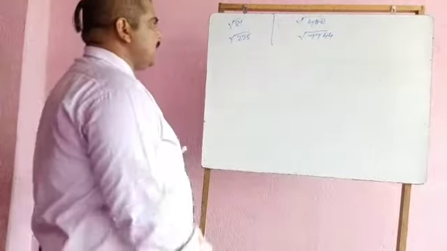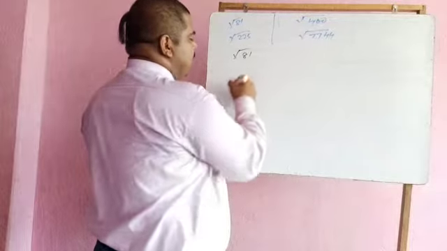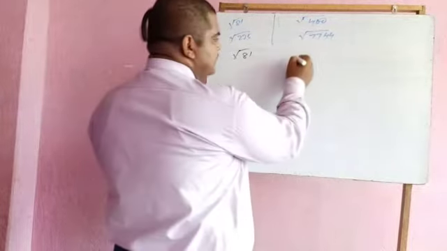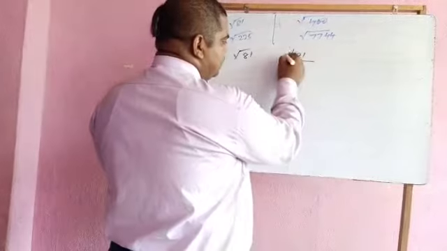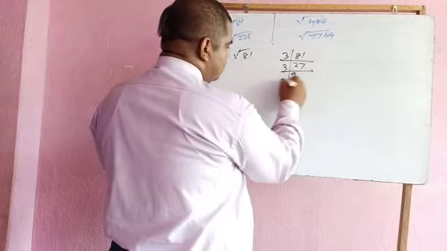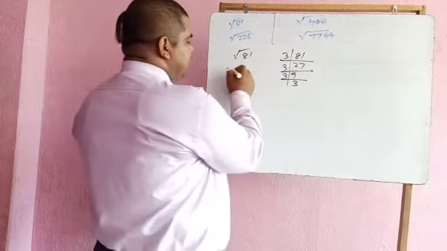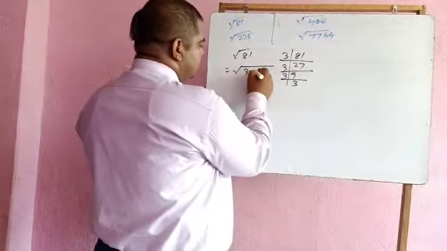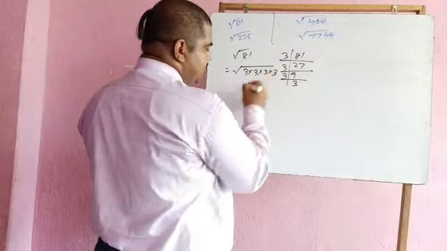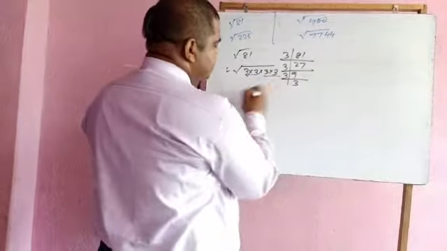My dear students, I have taken some examples. Look at the square root of 81. Since you know that 81 can be expressed as 3 into 3 into 3 into 3, you have to make pairs of it.